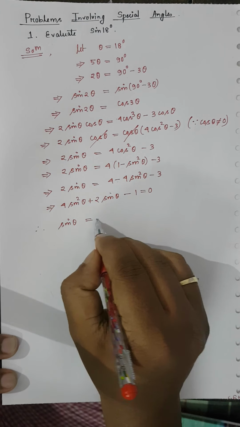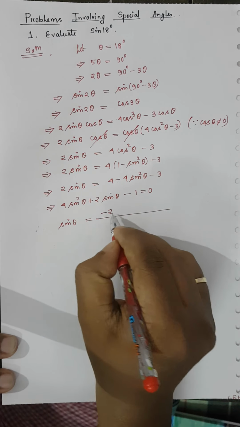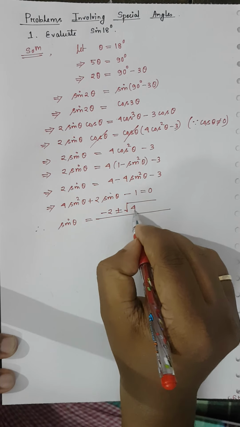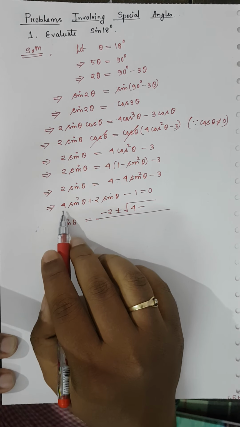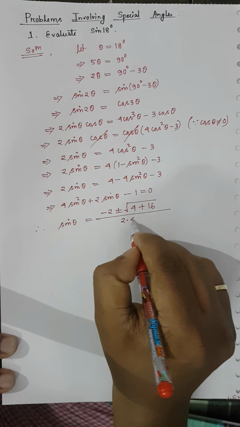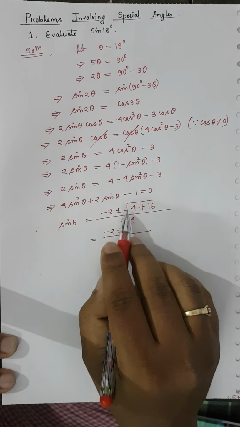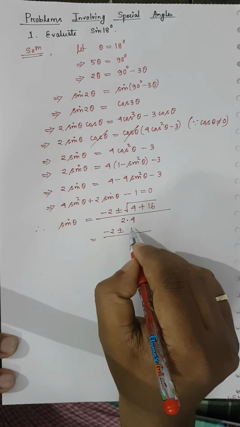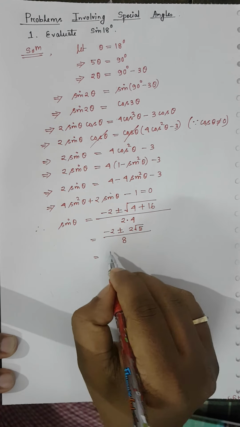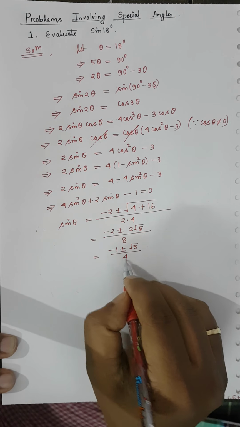So if I solve using the formula of Sridharacharya, I will get minus 2 plus minus square root of b square minus 4ac. b square is 2 square, 4, minus 4 into 4 is 16 into minus 1, plus 16, all by 2 into 4. I will have minus 2 plus minus square root of 20, that is 2 root 5, by 8. After cancelling I will get minus 1 plus minus root 5 by 4.